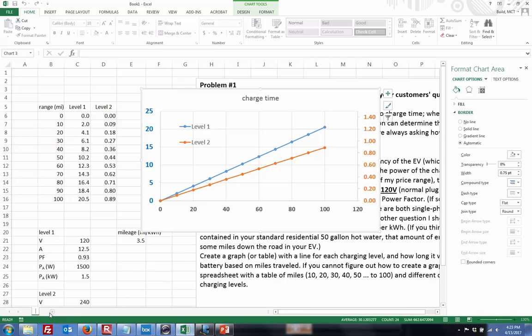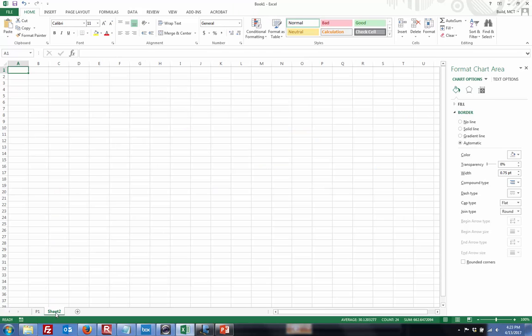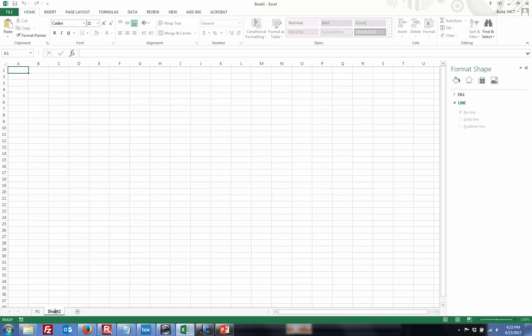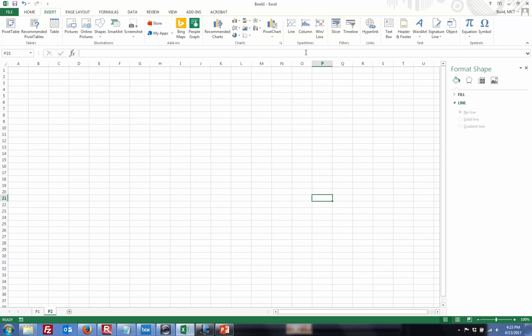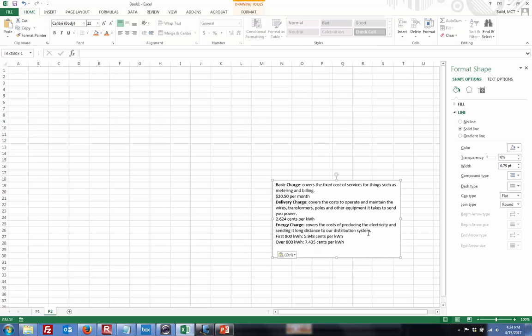It's problem one. Problem two. Insert. Where'd you go, text box? There you are. I'll put the rate structure down here.